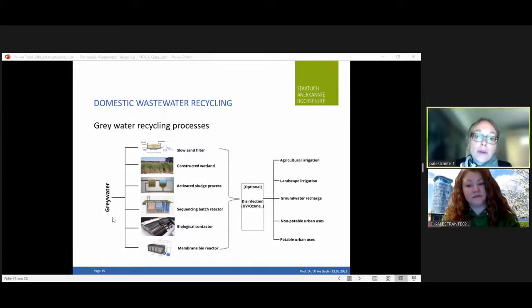So for the gray water, the two processes here at the top, the sand filter and the constructed wetland, are, in comparison to the technologies below, very cheap processes, but they are completely efficient for the gray water, as it's not that polluted.